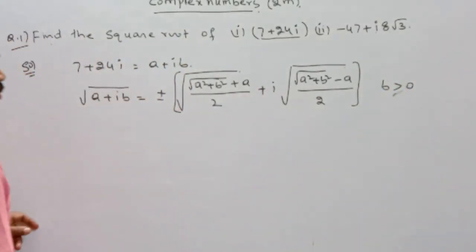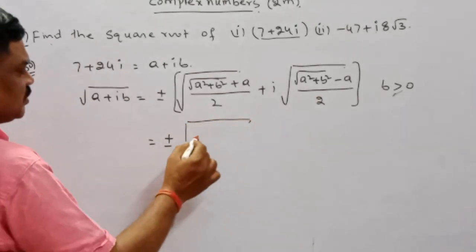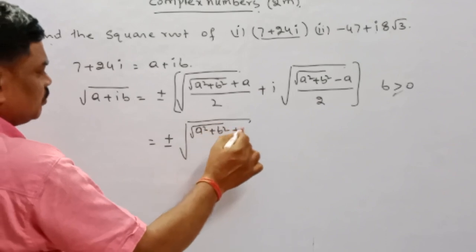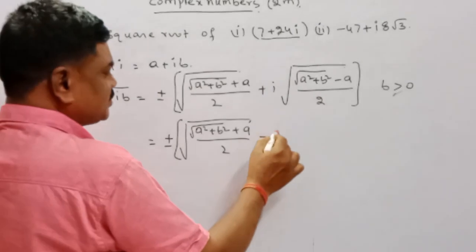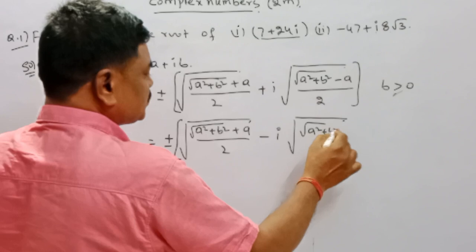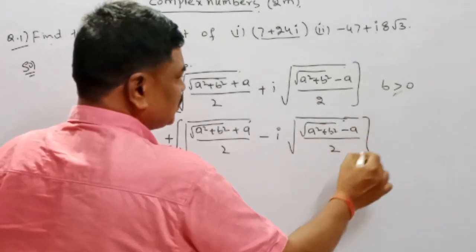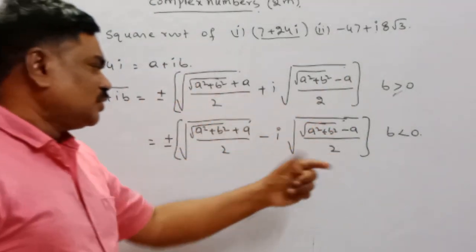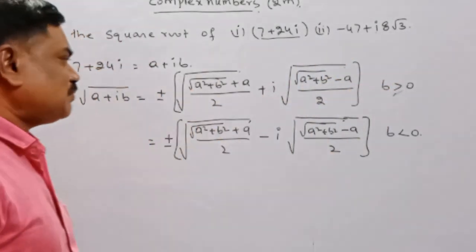If b is less than 0, the formula is plus or minus, square root of (root of a square plus b square, plus a) by 2, minus i into square root of (root of a square plus b square, minus a) by 2. If b is negative, use the second formula; if b is positive, use the first.